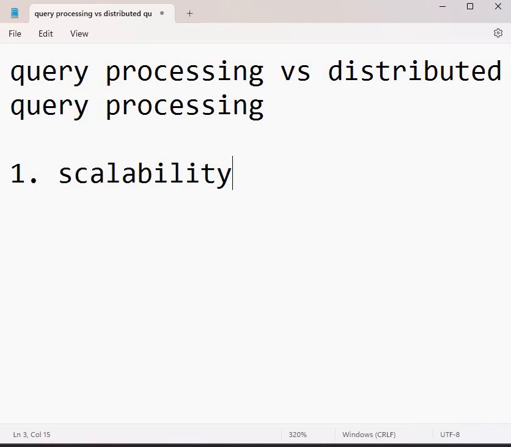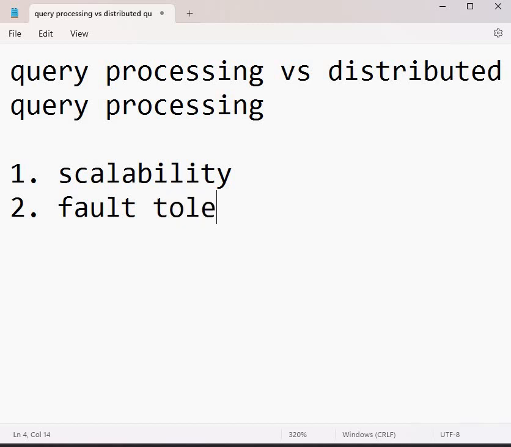So it is not that scalable. But in distributed query processing, because the database is on different servers, like we have different nodes, like we talked about different buildings, it can be scaled very easily by adding more nodes, more servers, right? So that's one of the benefits of distributed query processing.